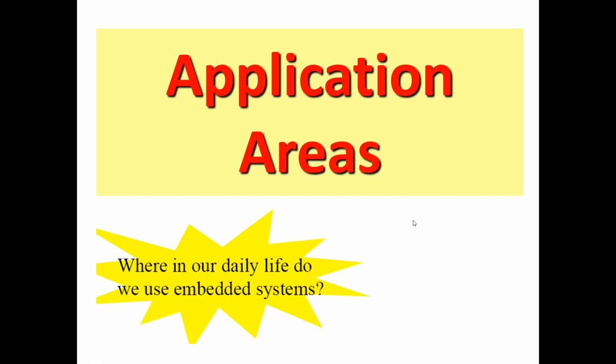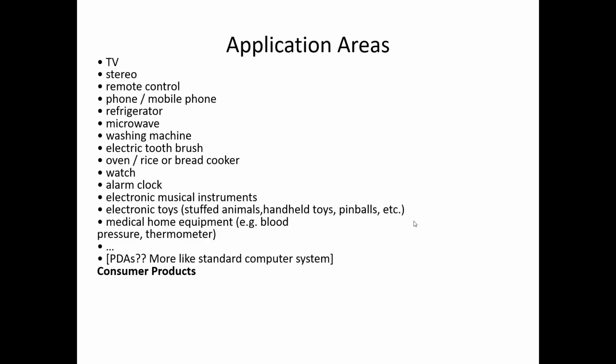As per the application area, this is the question that we needed to address. Where in our daily life do we use embedded systems? Here are explanations for how embedded systems are used in various consumer products. TV. Embedded systems control the user interface, channel tuning, video processing, and smart features like streaming services.